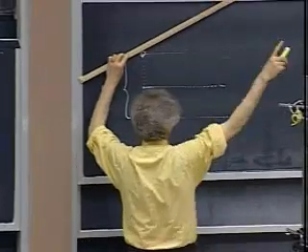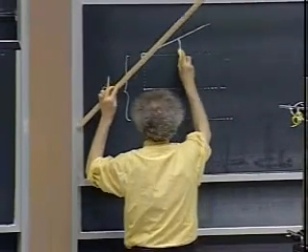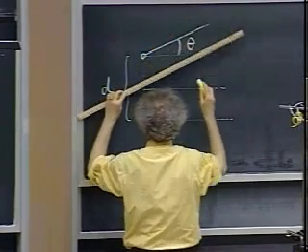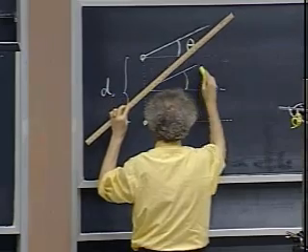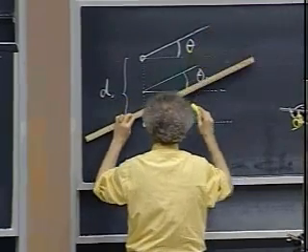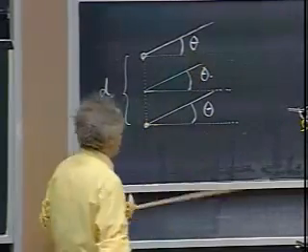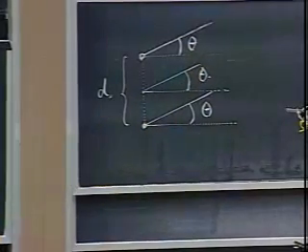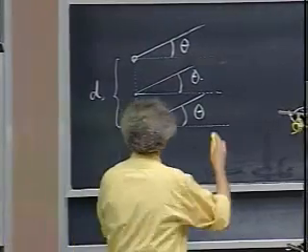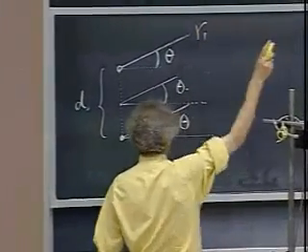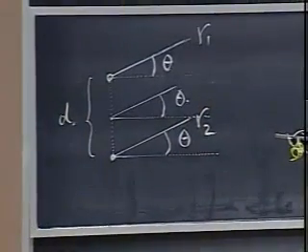And so I look very far away, without committing myself how far. I'm looking in the direction theta away. So this is theta. And so this is theta. And I want to know in which directions of theta I expect to see maxima, and in which direction I expect to see minima. So this is what we called earlier R1, and we called this earlier R2. It is the distance to that point very far away.